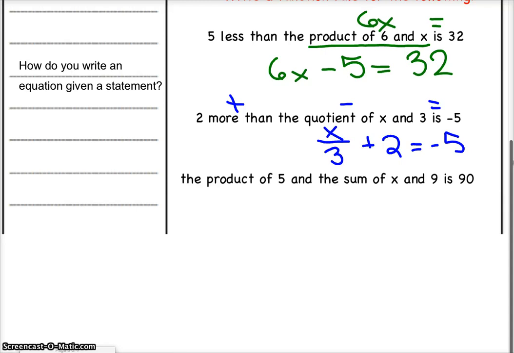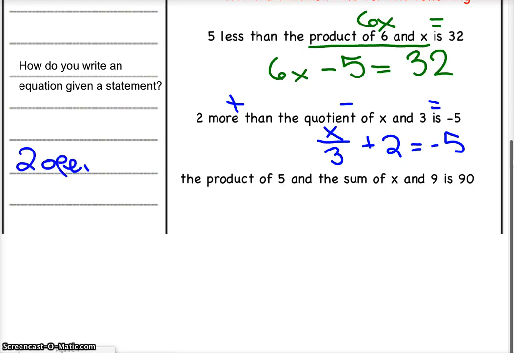The product of 5 and the sum of x and 9 is 90. Back in the first week of school, I said you always know when you need to use parentheses if there are 2 operation vocab words.